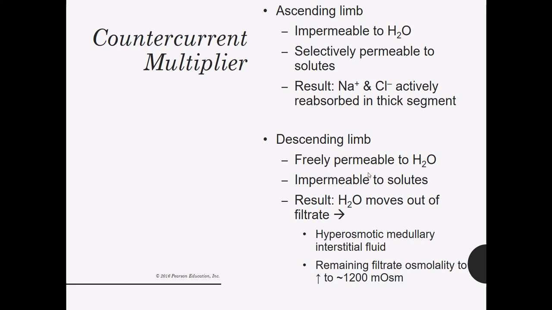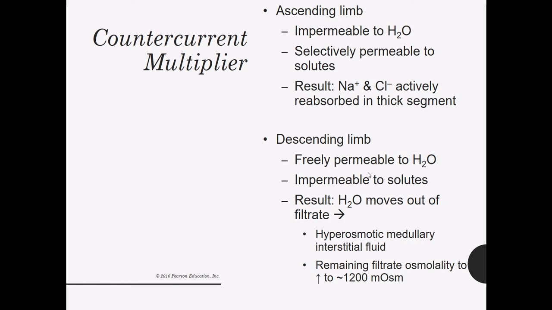The ascending limb, that's the second half, is impermeable to water, but permeable to solutes, particularly sodium and chloride. So sodium and chloride get actively reabsorbed out of the filtrate and into the interstitial fluid of the kidney. The descending limb is permeable to water, but not permeable to solutes.